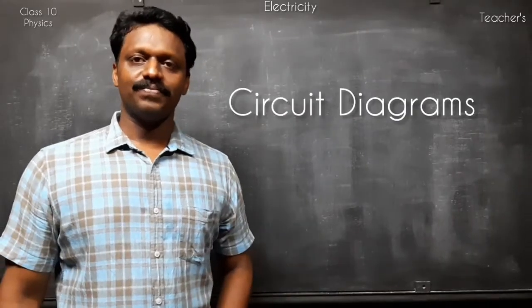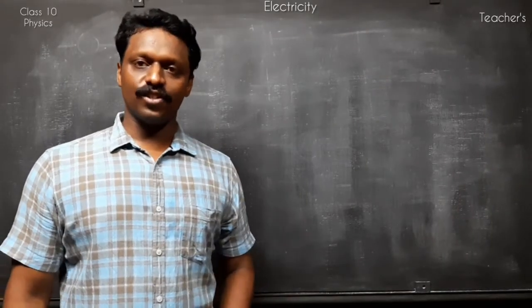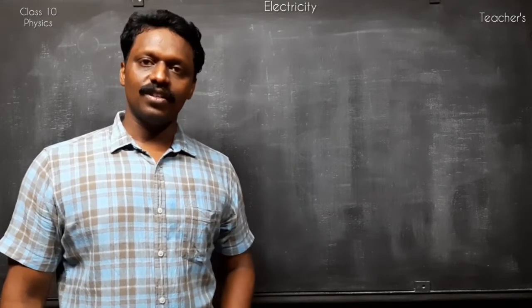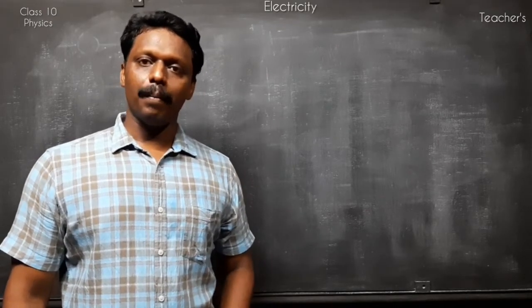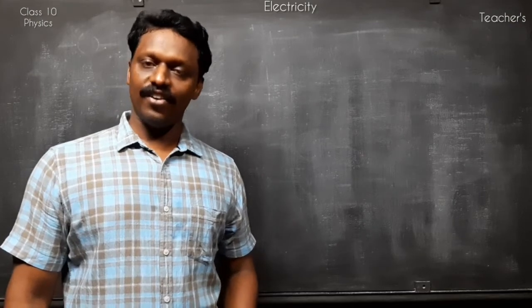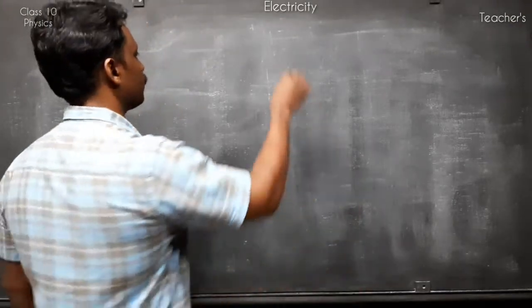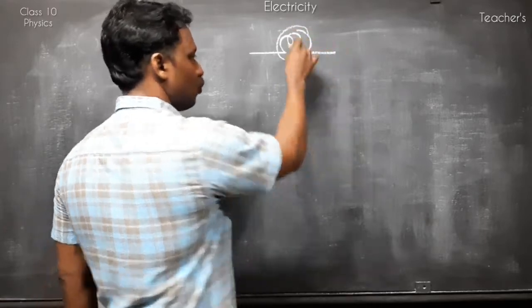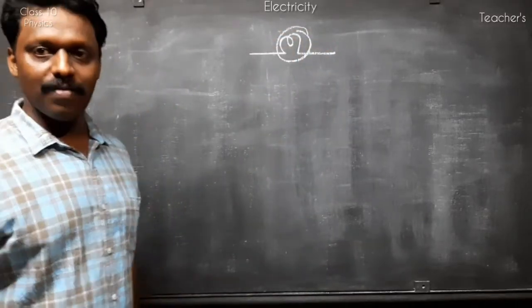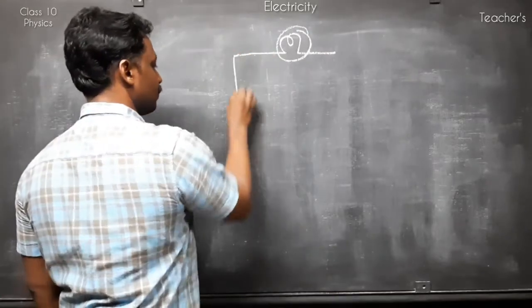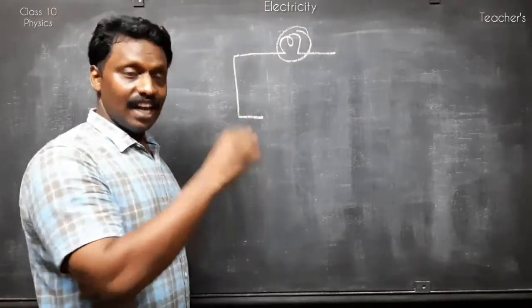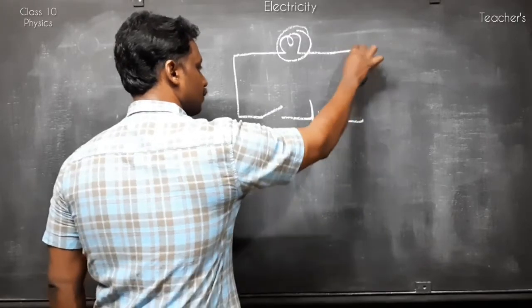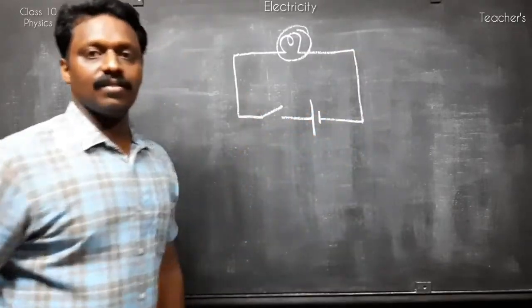Circuit diagrams. The electric circuit consisting of a cell, a bulb, and an open switch can be represented by drawing a circuit diagram like so. This is used to represent a bulb. We have a key and a cell.